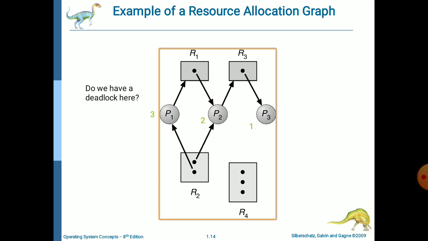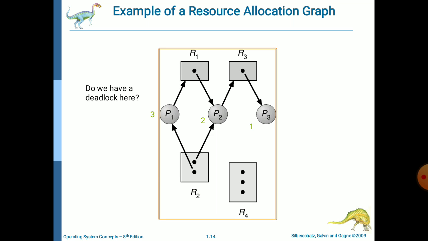Now if you observe here, P1 is holding an instance of R2 and requesting R1. P2 is holding R1 and R2 resources and requesting R3, and P3 is holding only R3.